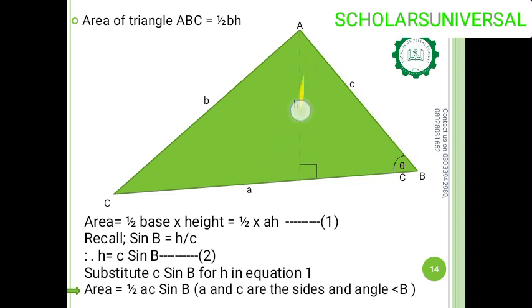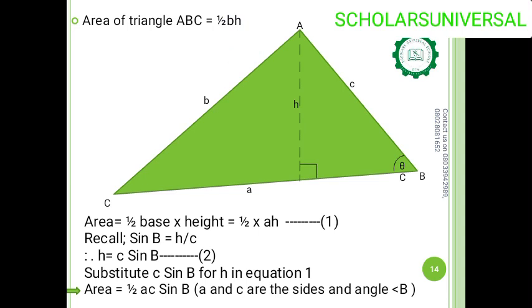You should know that this height is what? Opposite of this theta of angle B. So let's see how we can make this height the subject of the formula in such a way that we'll be able to represent it with another thing here.